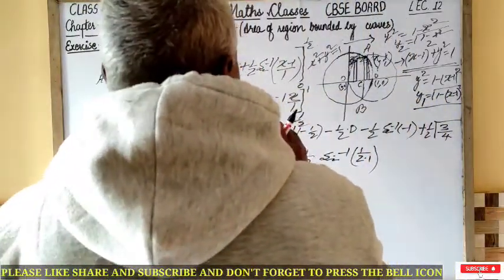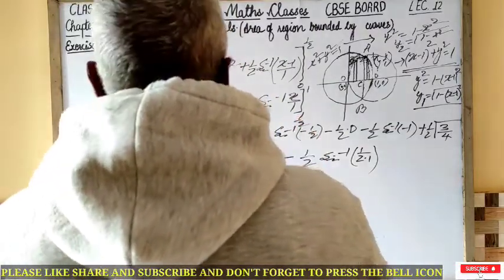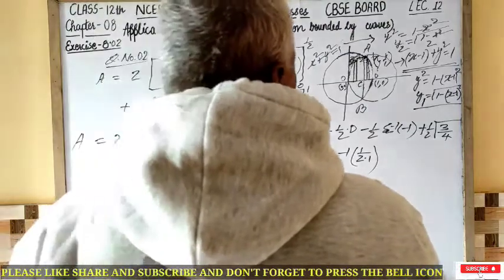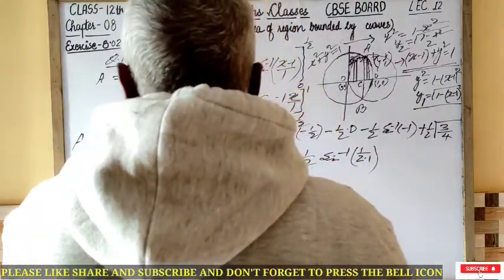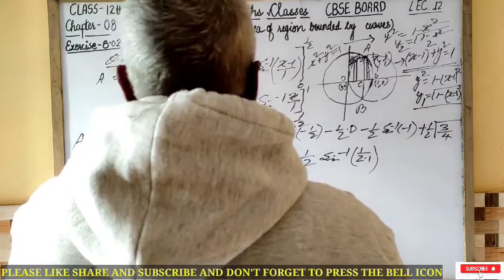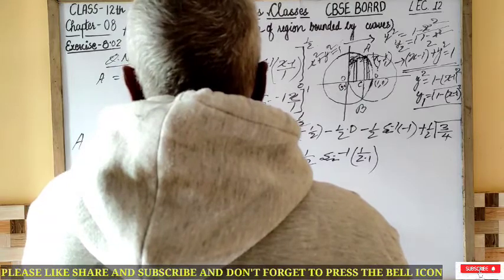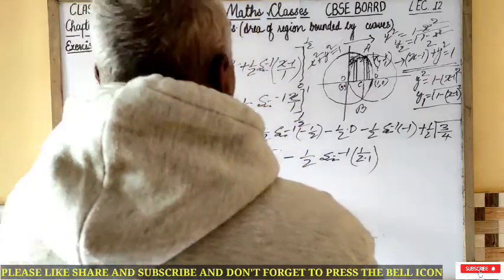Then by substituting the lower limit 1, we get here 1/2 sine inverse 1 by 1 minus 1/4.